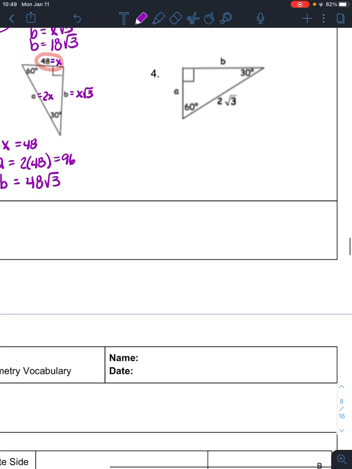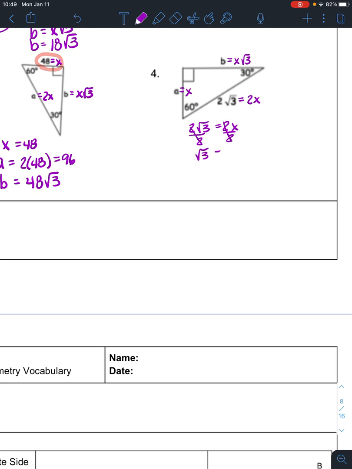And then for 4, we have a is our short side, b is our long leg, and 2 root 3 is our hypotenuse. So I have them labeled. Now we need to solve. 2 root 3 is equal to 2x. I need to solve for x, so I divide by 2 on both sides.